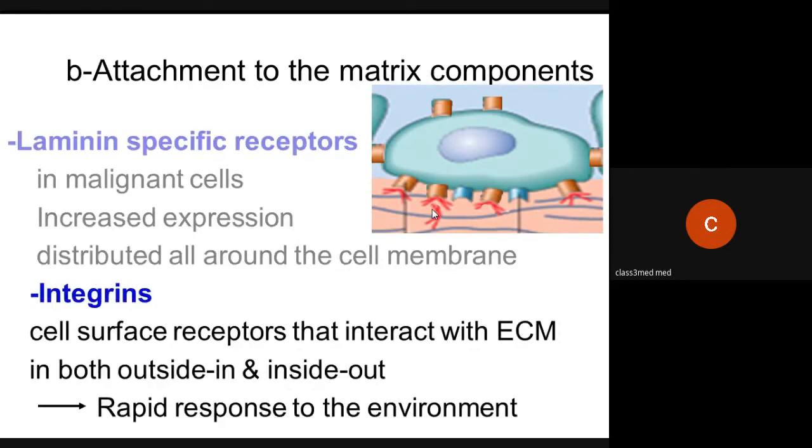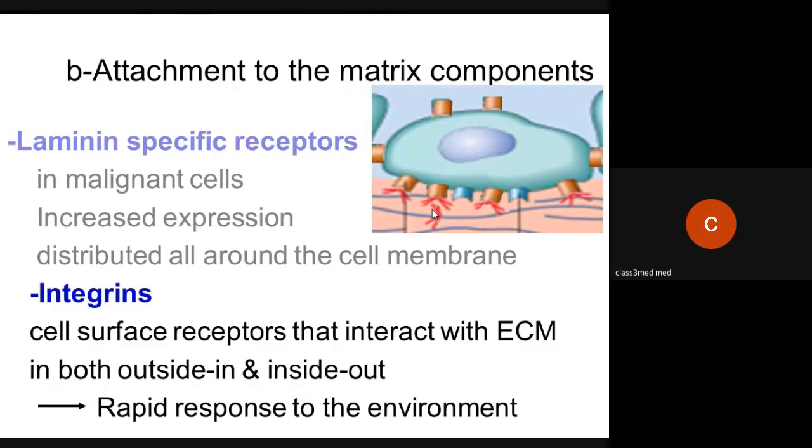Another adhesion molecule expressed by the tumor cell is the integrin. You have heard of integrins. Integrins are also surface receptors that interact with the extracellular matrix in two ways, inside out and outside in. They carry signals from outside to inside the cell and then send signals to the outside.